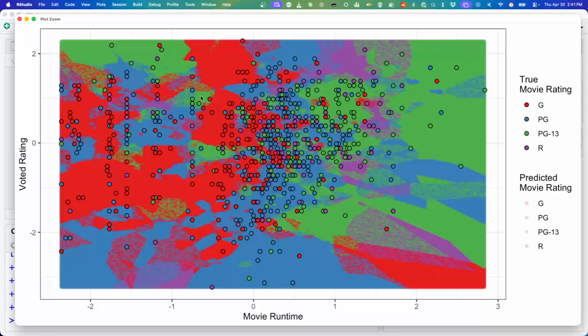If I am right here, who are my 5 nearest neighbors? It's probably 1, 2, 3, 4, 5. So 3 green, 1 red, 1 blue. Therefore, I'm green, and so on. Purple, if I'm right here, 1, 2, 3, 4, 5 maybe. So 3 purple and 2 green.